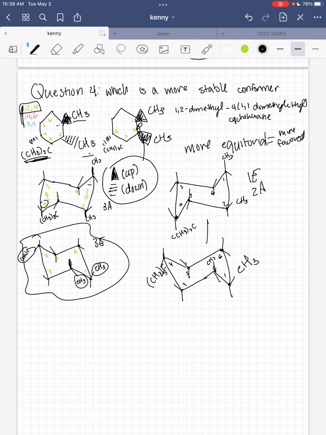So out of these two, which one is more stable? This one has 1 equatorial, and this one has 2 equatorial. This one and this one. And this would have 1 axial.